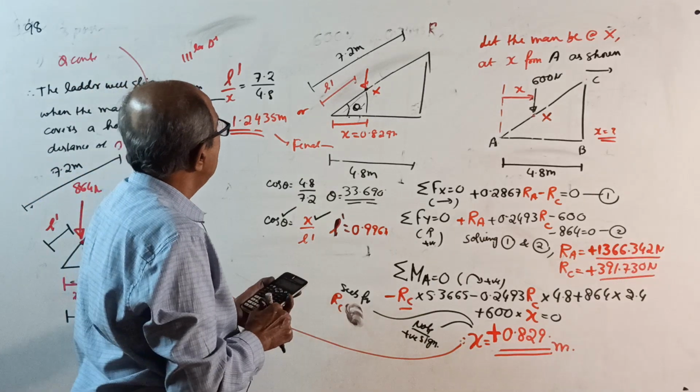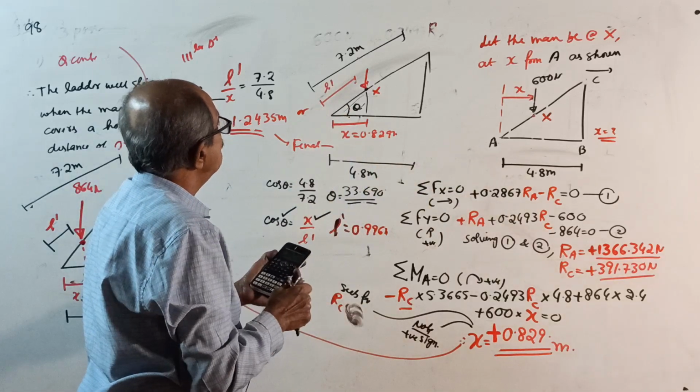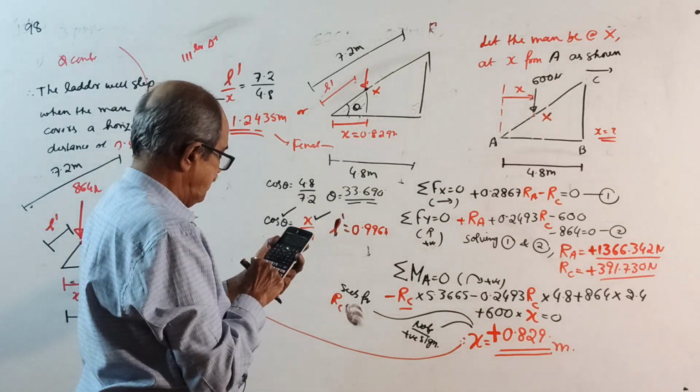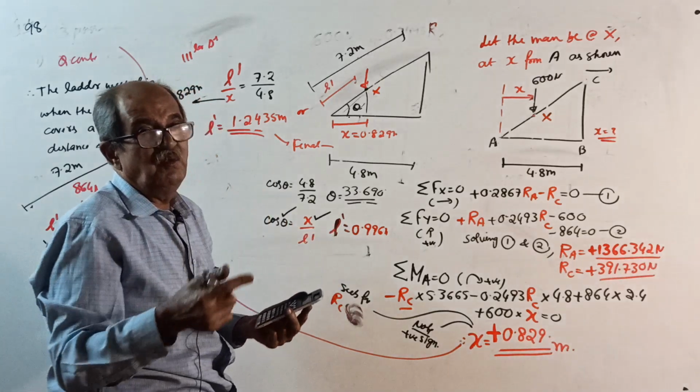So what happened here? Cos theta equals 4.8 by 7.2. What is wrong here first of all? 4.8 divided by 7.2, shift... oh, cos inverse. What am I doing?